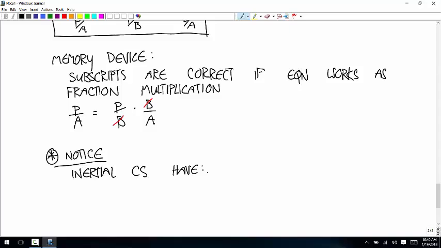By an inertial coordinate system, I'm talking about what properties the coordinate system must have if laws of kinetics like Newton's second law work. What kind of coordinate systems can you use Newton's second law in? There are two things that it can't have.